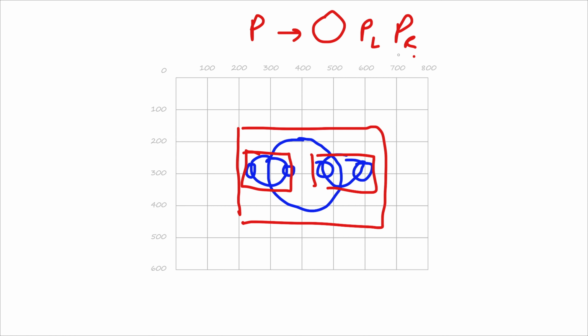Therefore each of these could be described in the same way. So that pattern to the right, this one, is a circle with smaller patterns to the left and right, and so on and so on. That was what we looked at last time. Can we apply that thinking to a tree?